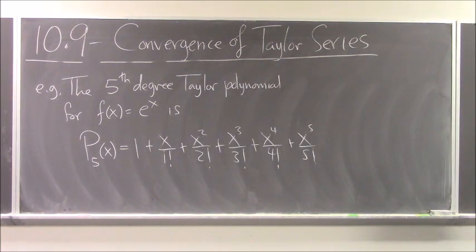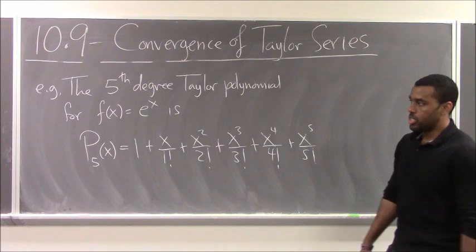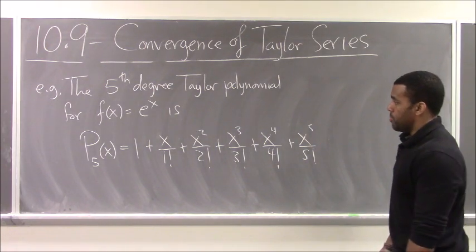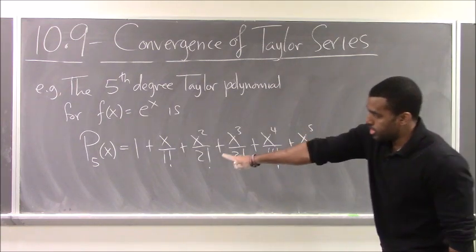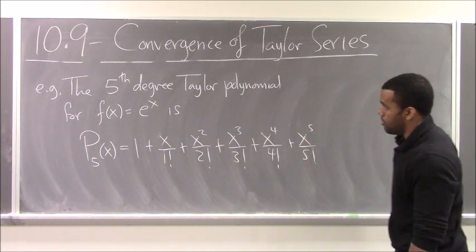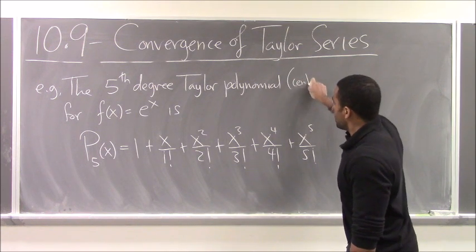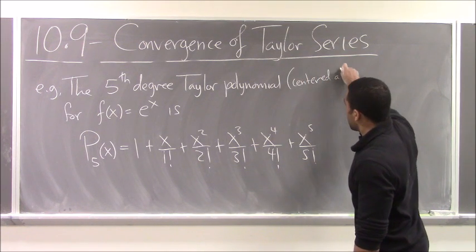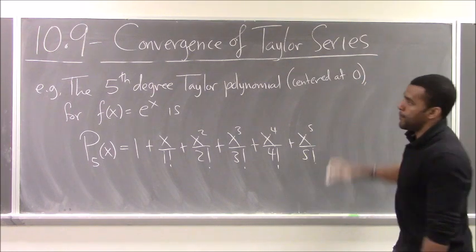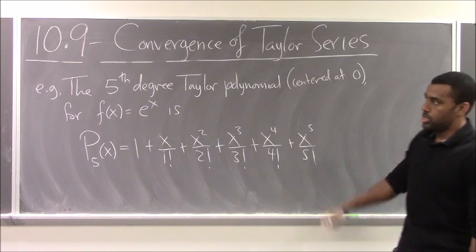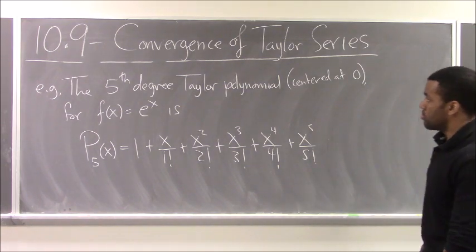So it's just a polynomial with 6 terms. The highest power is 5, and that's my 5th degree Taylor polynomial. So it's just following the same pattern that I got from the Maclaurin series, centered at 0.